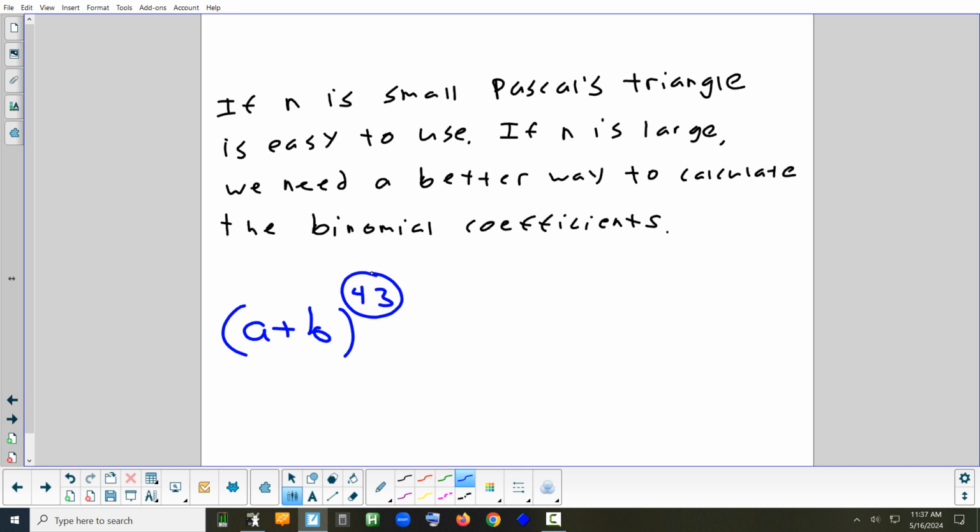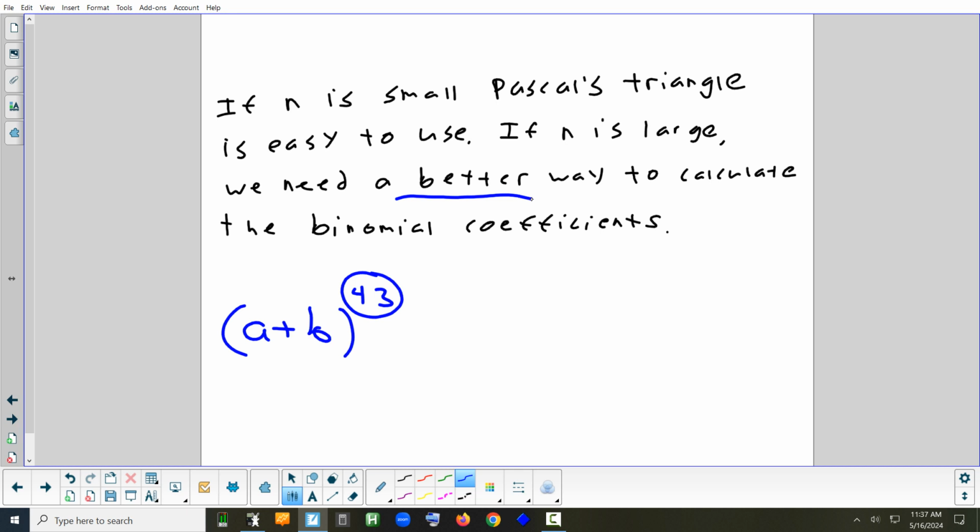It would be 44. So what I might do is say, if you were to expand this out, tell me the 17th term. Just tell me one term. You don't have to do the other 43. I just want to know one of them. So as long as you have a better way to calculate the coefficients, we can find the 17th term very quickly.